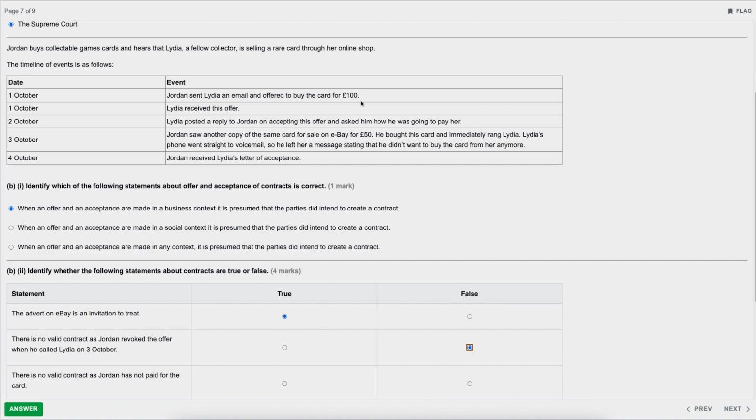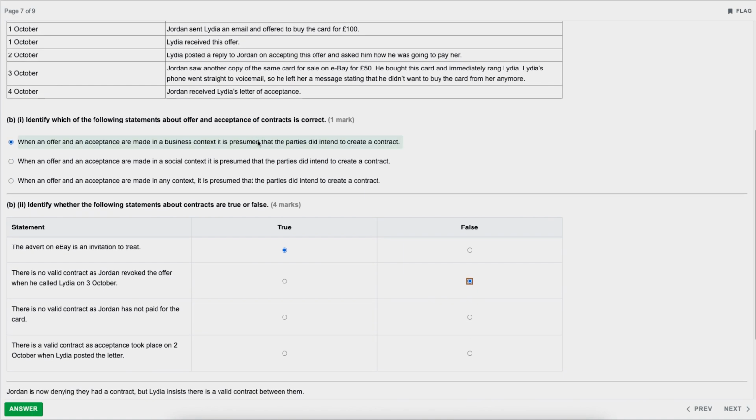Now, because Lydia has then posted a reply to Jordan, under the postal rules, once the letter is sent, that is you accepting the contract. And the date at which you post that is the acceptance date. So therefore, there is a valid contract between Lydia and Jordan. So that one would be false.